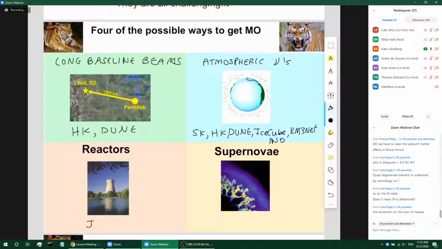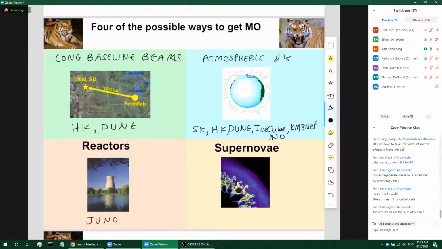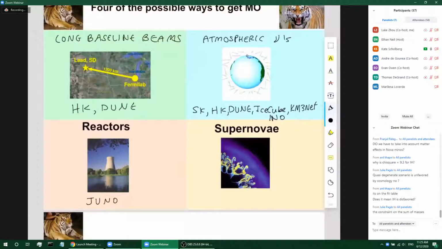Reactors, there's one experiment called JUNO. I also won't have too much time to go into that, but there the idea is to look in detail at the wiggling of the neutrinos from reactors at something like 50 or 60 kilometers, where there are very subtle differences in the phase of the spectrum based on the hierarchy. And that is potentially observable.